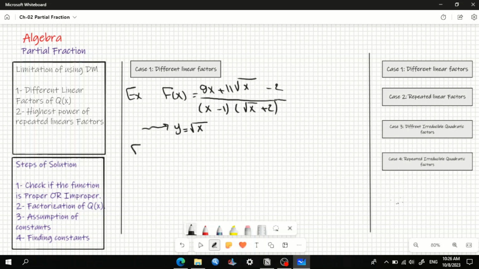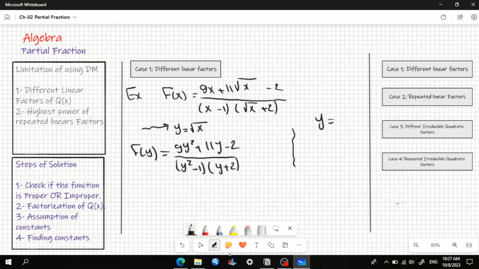So we write that as f of y equal to y squared plus y minus 2 over y squared minus 1 times y plus 2. So here we deal with f of y, and don't forget that y equal to the square root of x.